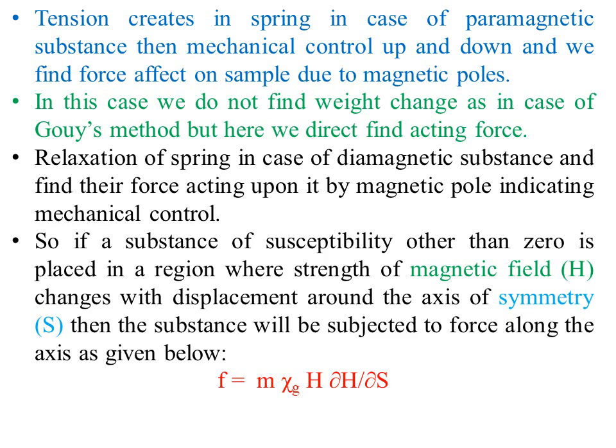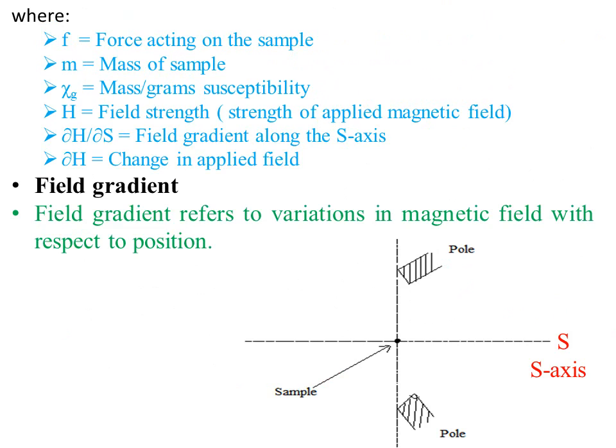F is equal to m times gram susceptibility times applied magnetic field times the derivative of the applied magnetic field over the derivative of the axis S. In this case, F is the force acting on the sample, m is the mass of the sample, psi g is the mass or gram susceptibility, H is the field strength, that is the strength of the applied magnetic field, and dH/dS is the field gradient along the S axis.